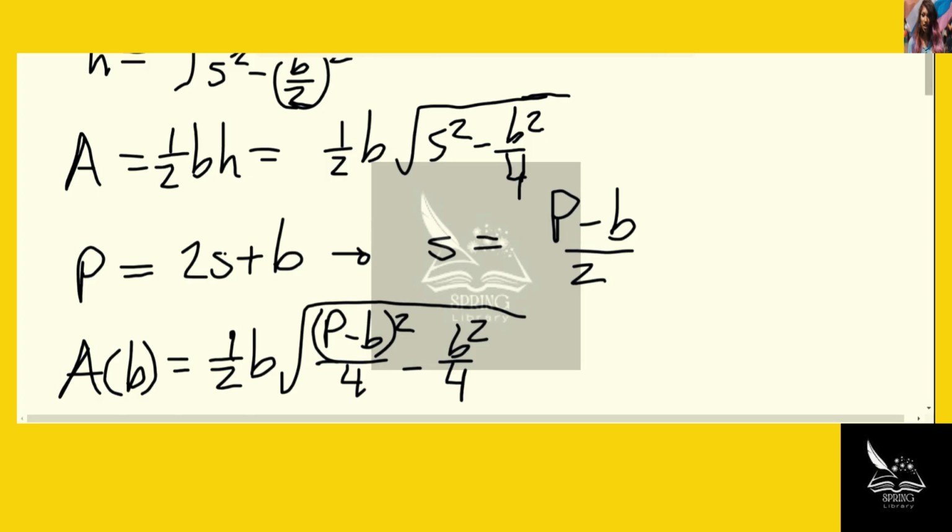And this reduces eventually to 1/4 B times the square root of P squared minus 2PB.